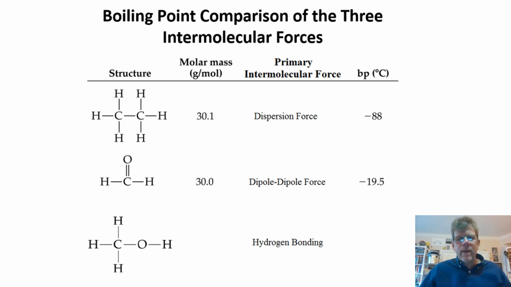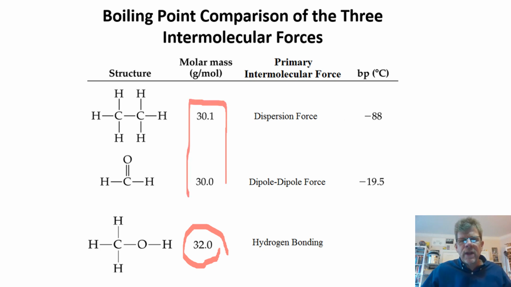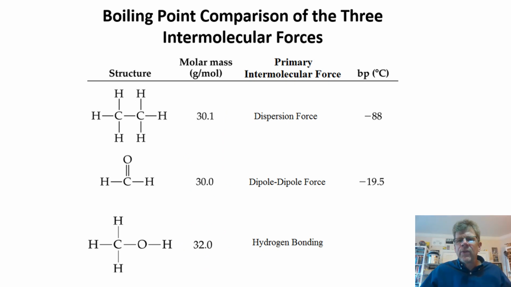But we picked this one because its molar mass is very similar to the other two. 32 grams per mole is very similar to 30 grams per mole. So that variable has now been equalized, and now let's take a look at its boiling point. In this case, about 65 degrees Celsius. That is about 85 degrees above that of our representative molecule bearing dipole-dipole forces, a huge number.